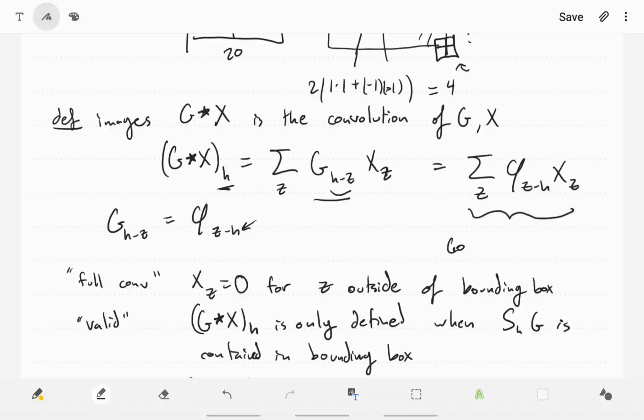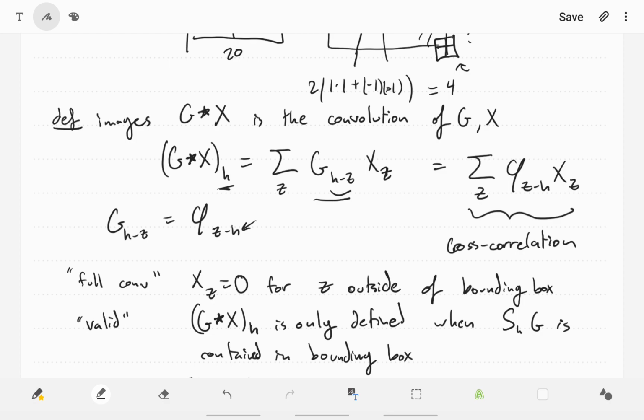This is called the cross correlation, or that's what they call it in TensorFlow. And so when you see convolution used in TensorFlow, a lot of times they actually mean cross correlation, and that's when you take your original filter and don't actually flip it. So just be aware that there's this convention change.